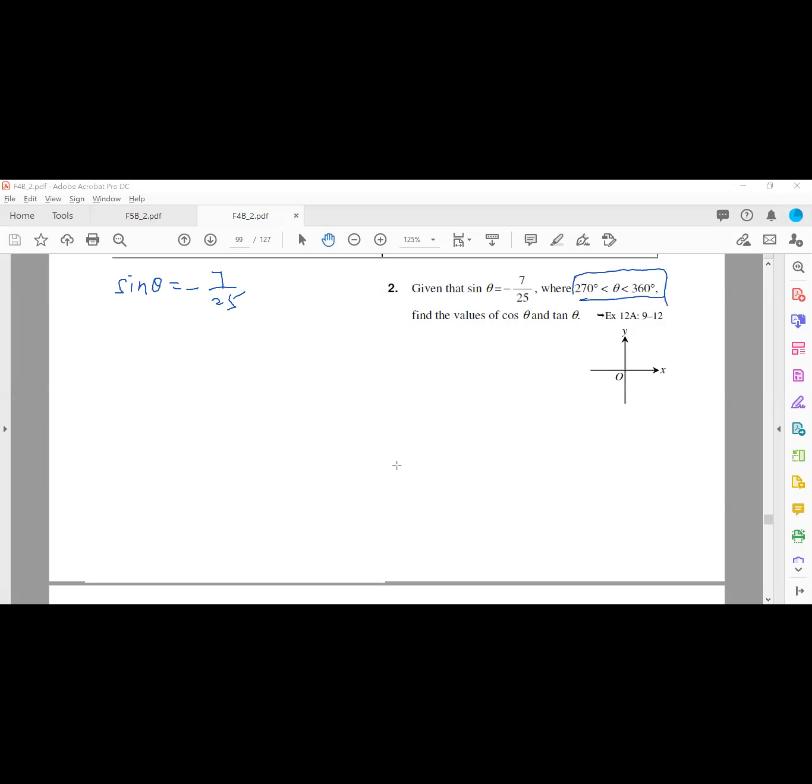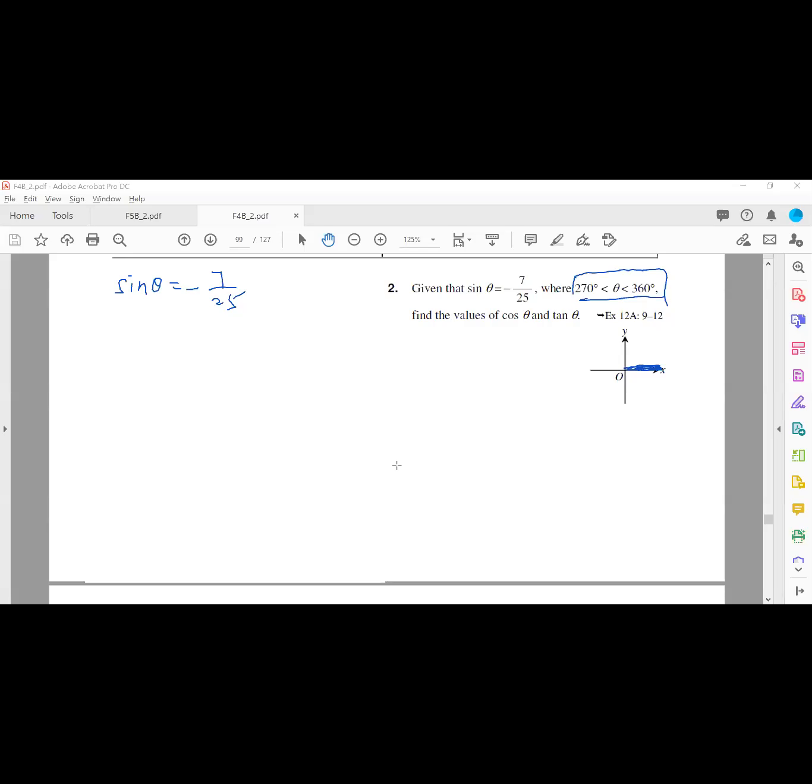Here you have to think and judge for yourself: which quadrant does theta rotate to? Remember we always start from the positive x-axis. We start rotating from the positive x-axis. We always rotate in the direction of anti-clockwise.